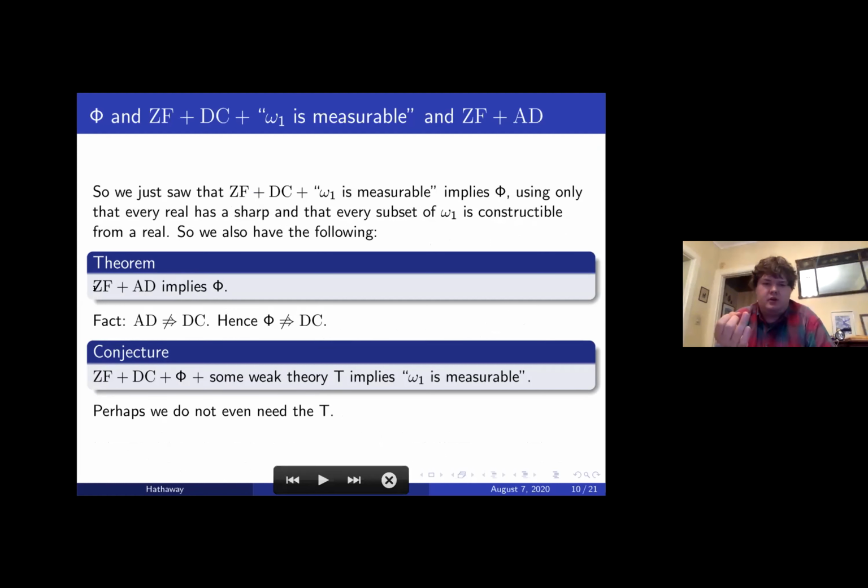And that means that ZF plus AD implies phi as well. And what I'm conjecturing here is that, you know, if you take DC, some weak theory, you should actually be able to get that omega 1 is measurable.